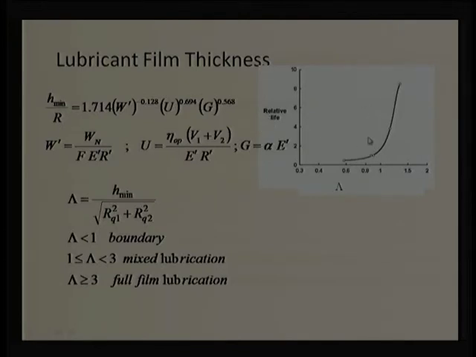So, it is important for us to find out the surface roughness and the film thickness. You can see film thickness itself depends on a number of parameters. If we increase the viscosity, film thickness is going to increase. If we decrease the load, film thickness is going to increase, but the sensitivity is different. Here the sensitivity is roughly 0.7, while here it is 0.13.